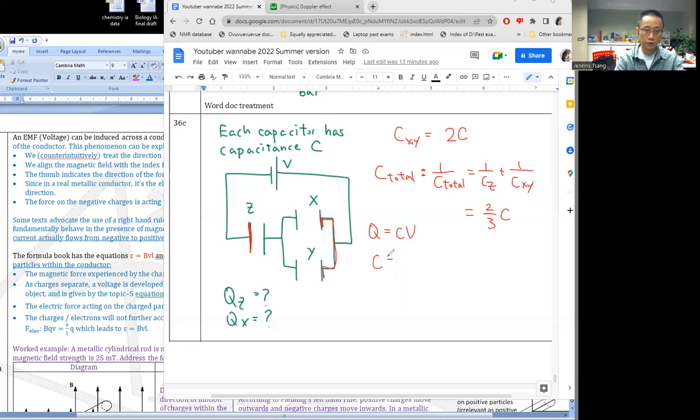So Q equals, for the C system, 2/3 CV, and that should also be QZ. And then the charge will be distributed across the two plates X and Y according to their capacitances. Because they have the same capacitance, you would expect them to share the charge equally. Therefore, the answer is C.